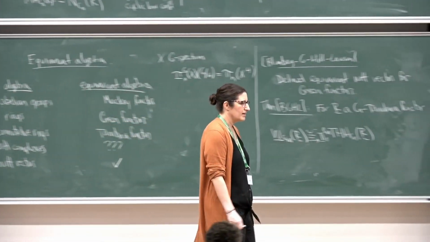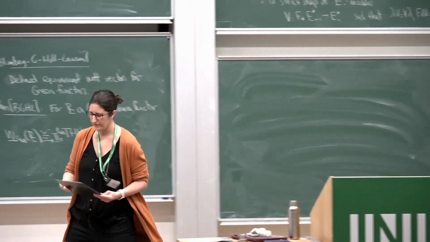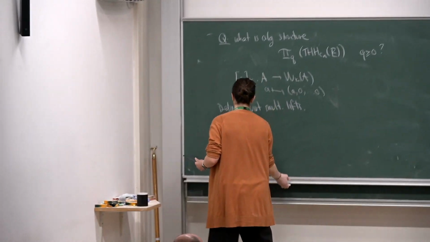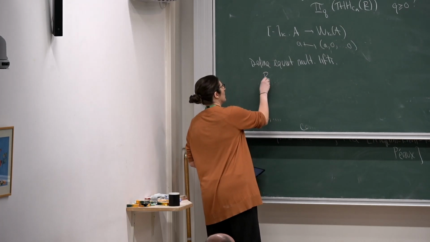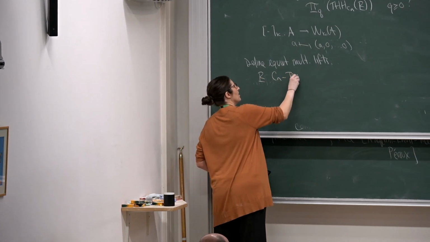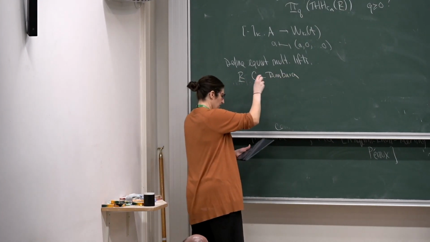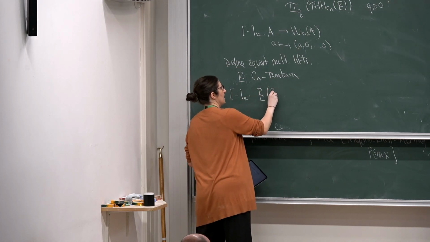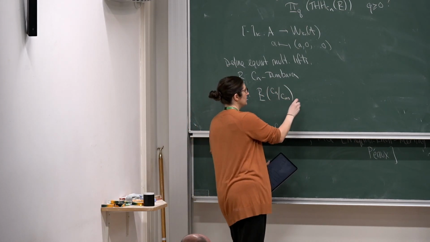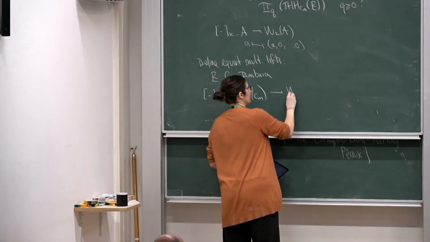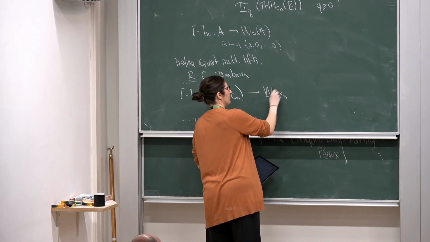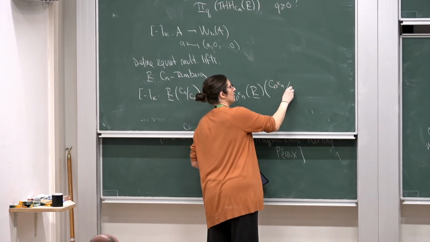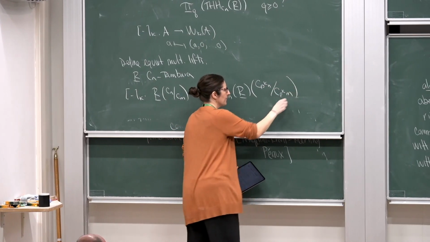I'm not going to tell you the definition, but I'm going to write down the form of the map just so you can see what it looks like. So we have R a C_n Tambara functor, and our maps now look like maps from R, for every orbit C_n mod C_m, to the C_{p^k n} equivariant Witt vectors on R at the orbit C_{p^k n} mod C_{p^k m}.